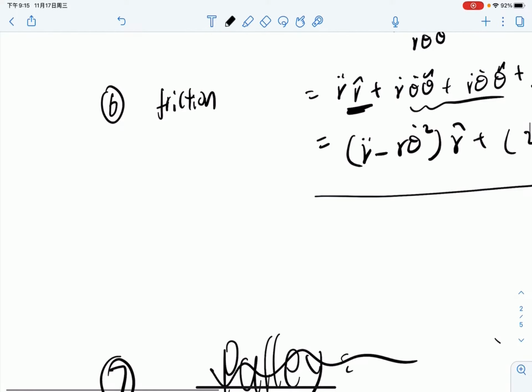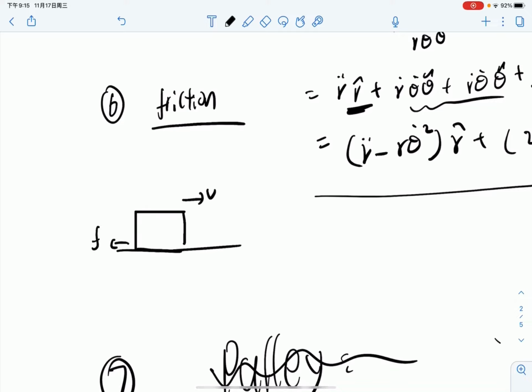From the last video I need to clarify something. The direction of the friction, when the object is moving, is against the velocity.